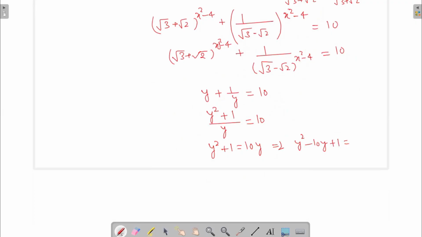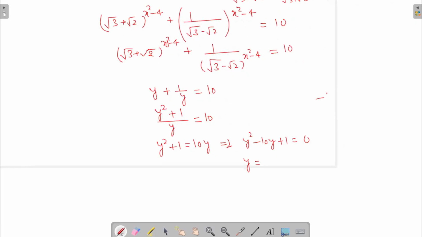So factorization of this is not possible. So instead I will just find out the value here. I could use the formula, which is minus b plus minus square root of b square minus 4ac upon 2a. So what is my minus b over here is 10, plus minus square root of b square, which is minus 10 square, which is 100, and then minus 4ac, which is 4 into a, which is 1, and c is 1.